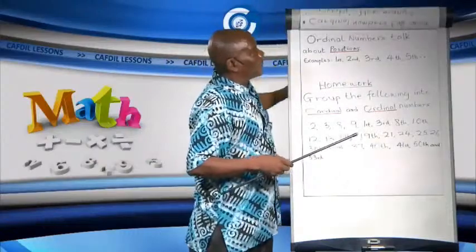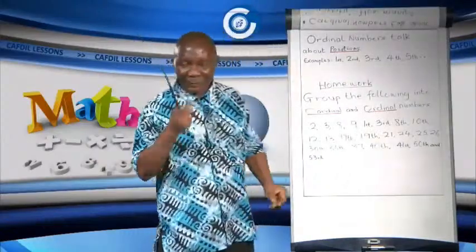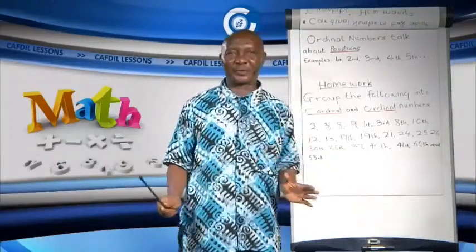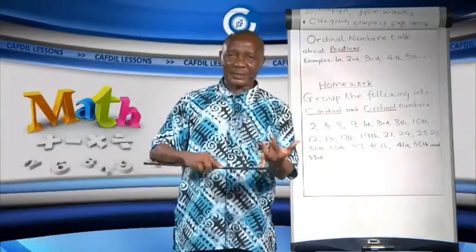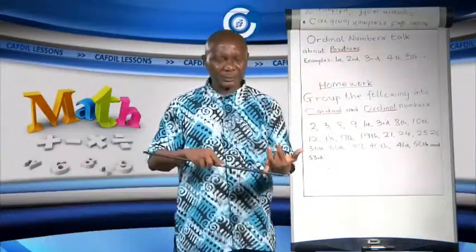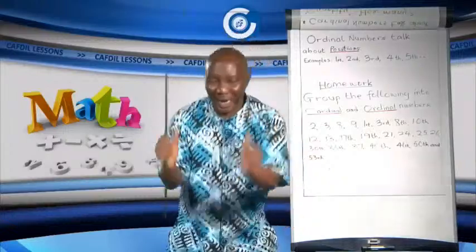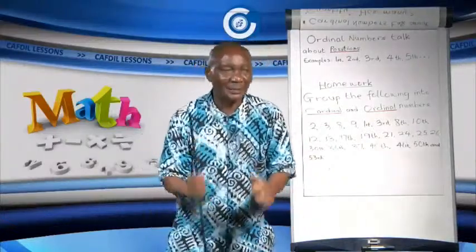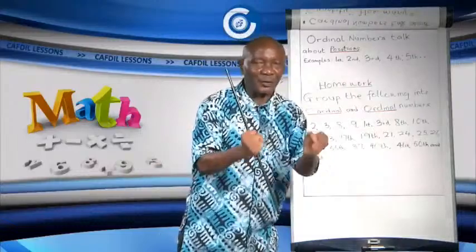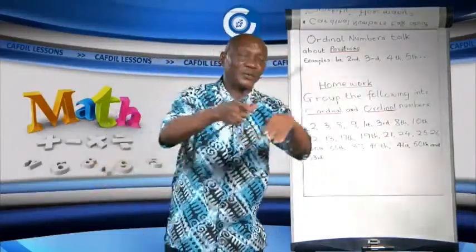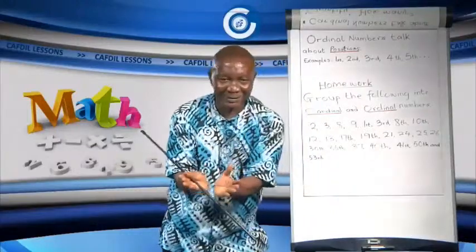So we have finished with our objectives, which said we had two things to think about. Cardinal numbers, which talk about quantity or answer the question, how many. So how many, you tell us. Or if it is quantity, you tell us.